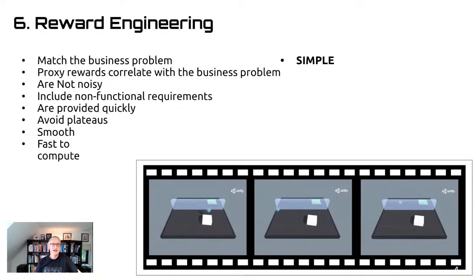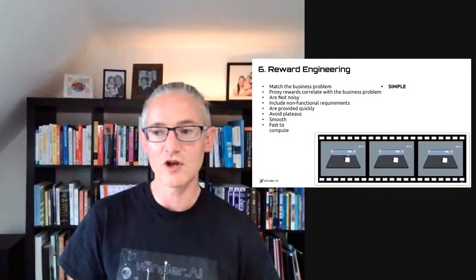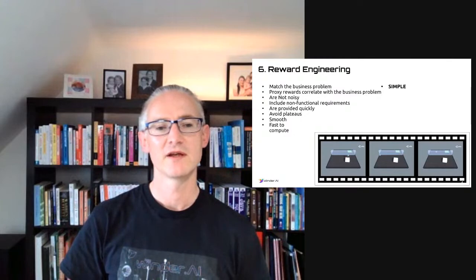Of course, the reward should also match the business problem. We talked about this idea of having a clear definition of success and failure. And really that's all about being matched to the business problem.